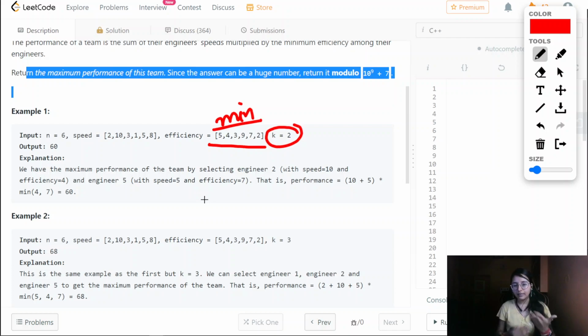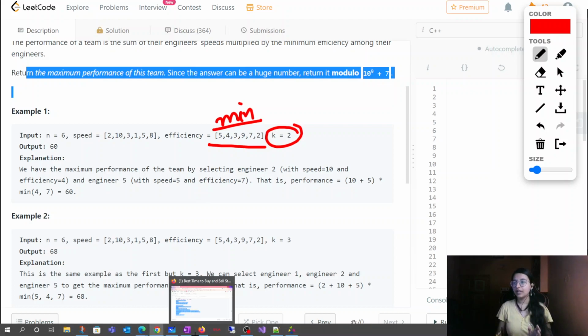The trickier part here is that the efficiency should be such that we get the minimum out of those k engineers, not the minimum out of the whole efficiency array, but the minimum out of those k engineers. That is required here. And the next thing is the speed, and the speed should be maximum among those k engineers.